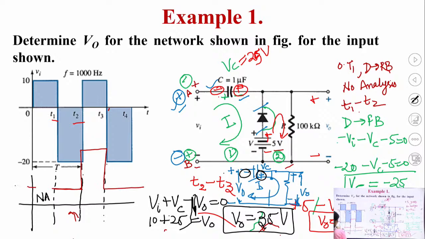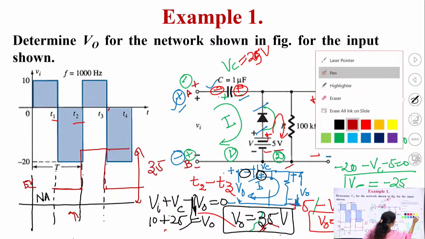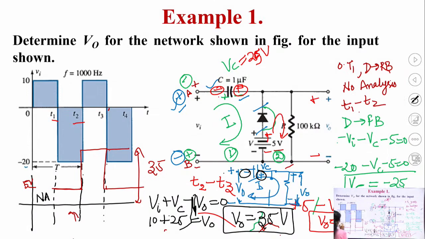See, this is 5 volt, this is 5 volt, this is 35 volt. Initially, the net voltage from here to here will be 30 volts only, and this was your original signal. This was 20 volt and this was 10 volt.